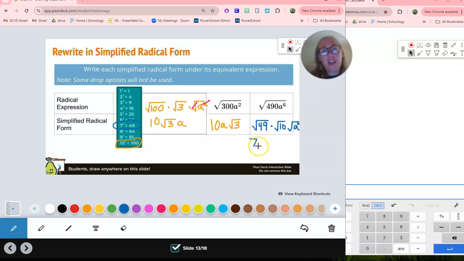The square root of 10 cannot be simplified any further, so it stays as the square root of 10. And a to the 6th, remember, is power over root. Our power is 6 and our root is 2, so we can simplify that completely as an a to the 3rd power, because 6 divided by 2 is 3.